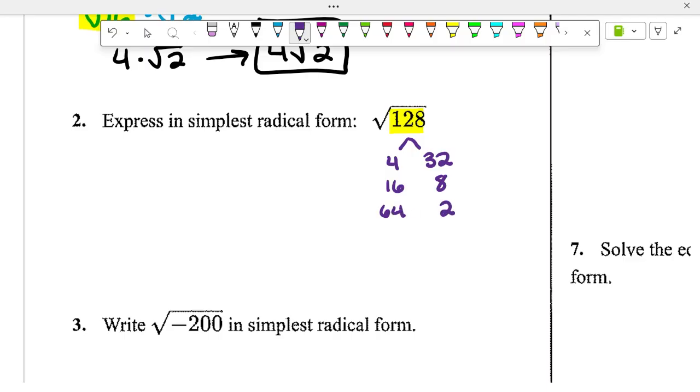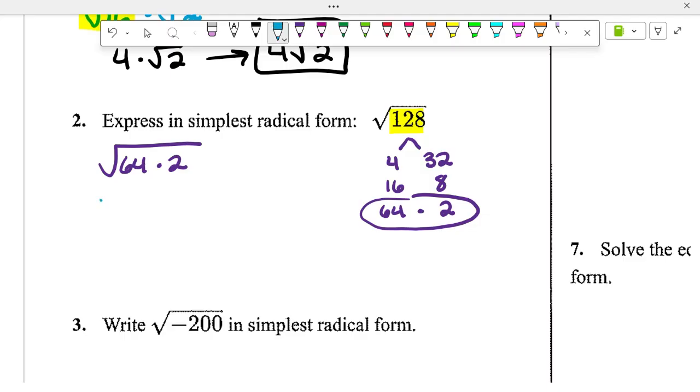Now, since we got something times 2, we're going to stop right there because we can't break it down any further. The next breakdown would be 128 and 1. So, which one has my biggest perfect square? 64 and 2. So we're going to rewrite that radical as 64 times 2.